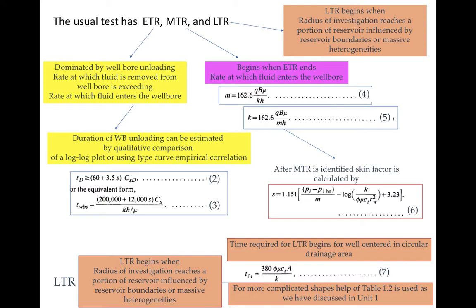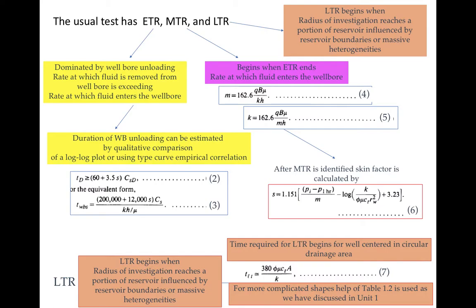So this late time region can be easily demarcated once we have the pressure drawdown data. We plot it on different types of graphs and we can easily demarcate this late time region, early time region and middle time region. It is the log-log graph and type curve which will allow us to clearly see such kinds of flow regimes.